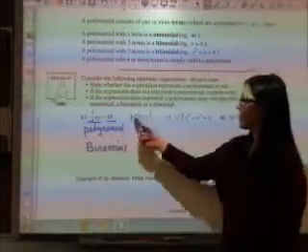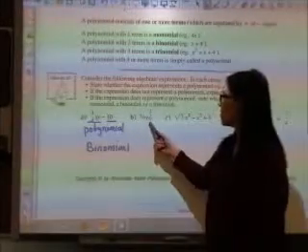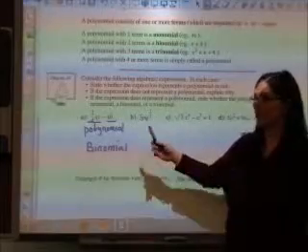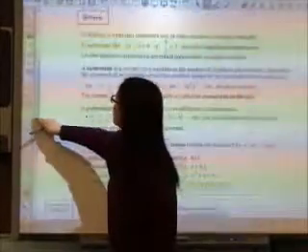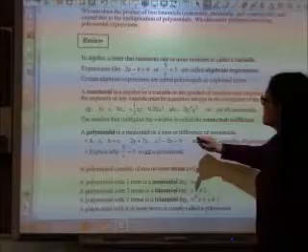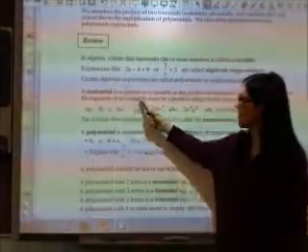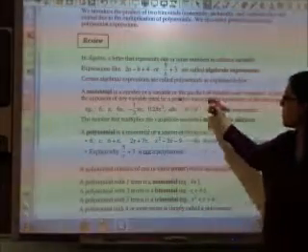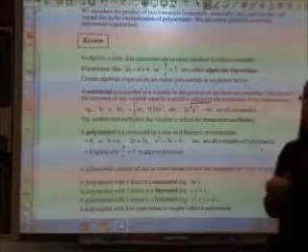Okay, so look at the next one. Numerical coefficient, the number 3 is a real number, so that's good. With my variables, go back up here, what does it say? It says that the exponent of any variable must be a positive integer.